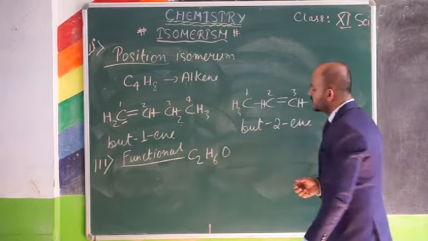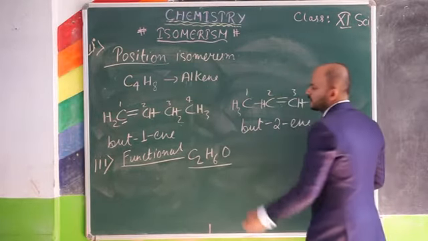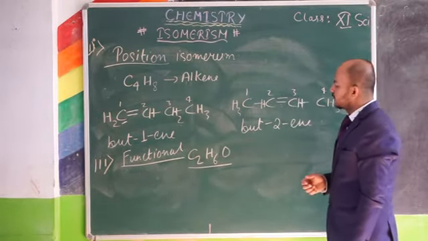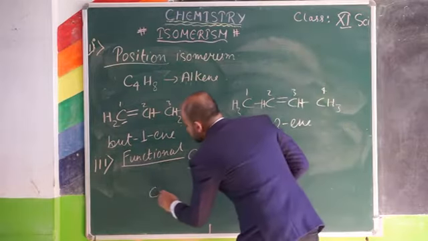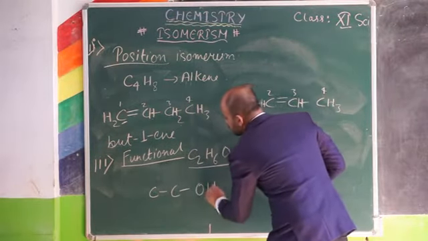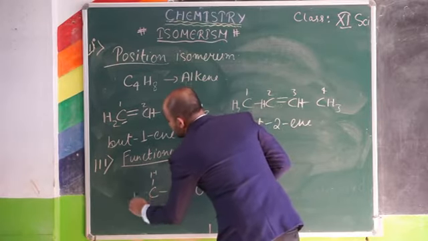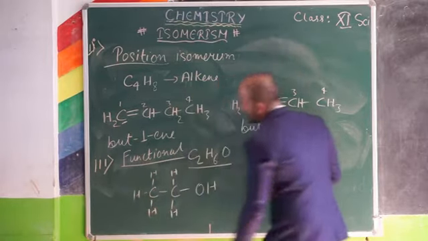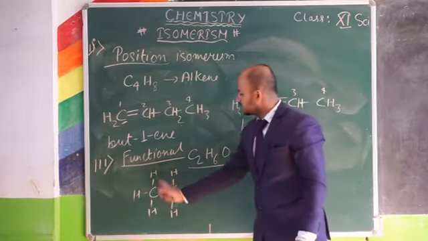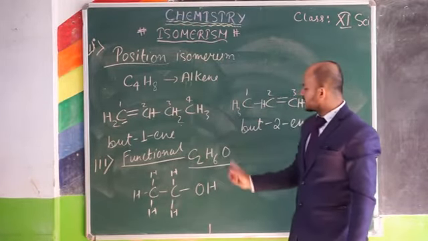C2H6O. With this molecular formula, you can have this structure where you have the OH functional group. Your hydrogens, and hydrogen. You can count the number of carbons, 2 carbons, 5 plus 1, 6 hydrogens, and oxygen.